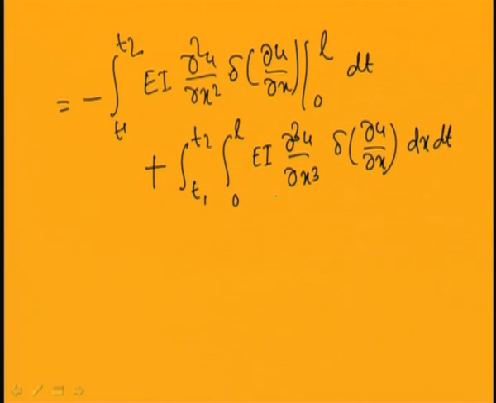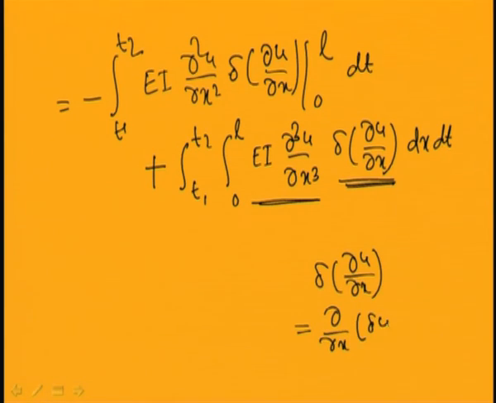Now, again you can take this term as the first function and this as the second function, and you can interchange between this del and this operator. So, this del of del u by del x, you can write as del by del x of del u. In that case this is the first function and this is the second function.